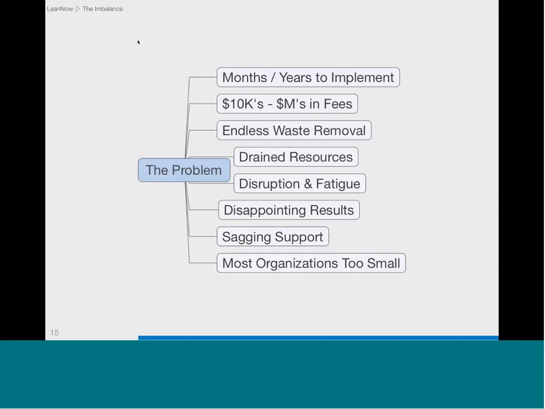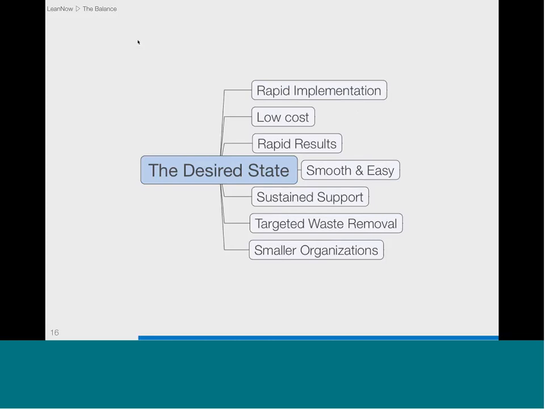I think a state that would be better would be if we could do implementation very rapidly at a very low cost and get results immediately instead of waiting for years. Be able to do this smoothly and easily because it's a simplified process. Sustain support because we'll be getting results quickly and this won't be stretched out for years.